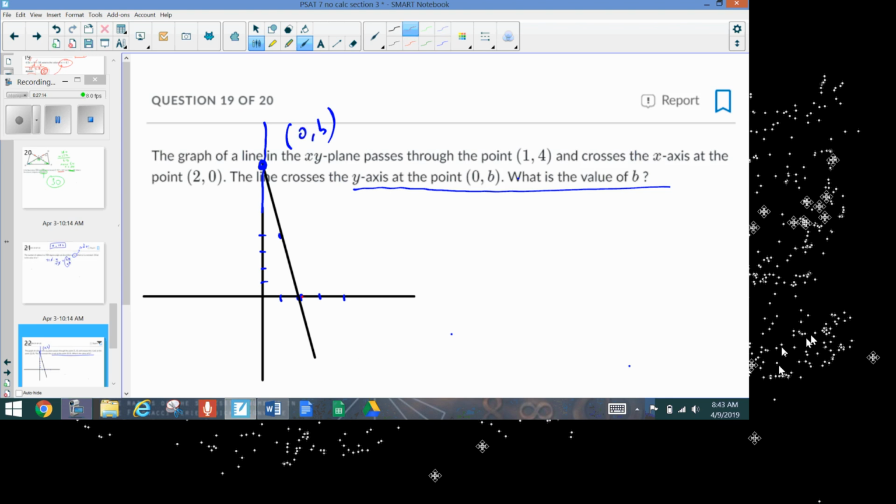For example, rise over run, remember? What is the run? 1, 2, 3, 4. So rise is 4, run is 1.